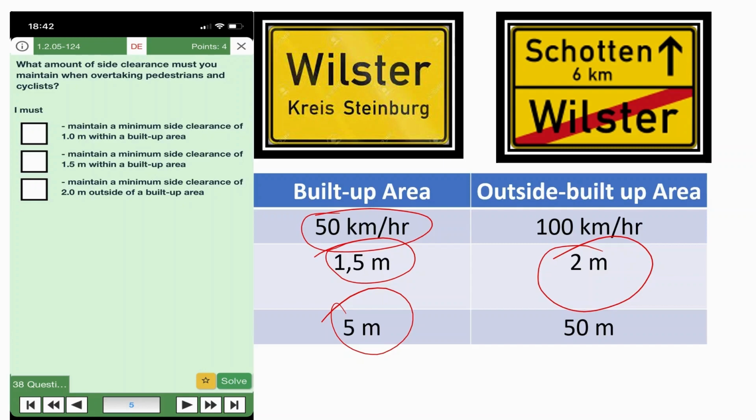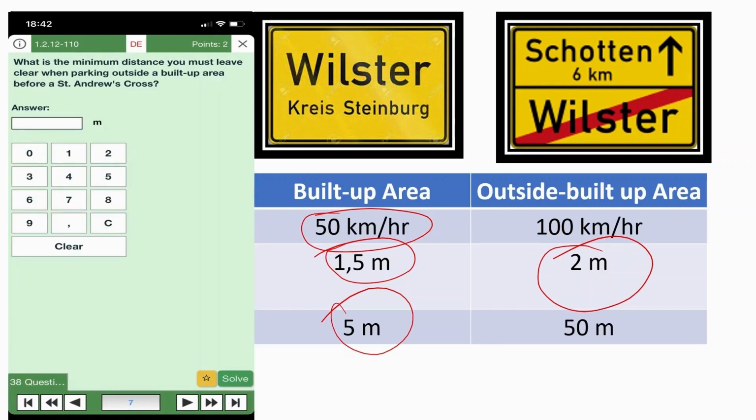In this case you know the answer is 1.5 and 2 meter. And what is the minimum distance you must leave clear when parking outside a built up area? And you know the answer is 50 meter. So keep this table handy and this would help you remember these numbers. Let's go to the next one.